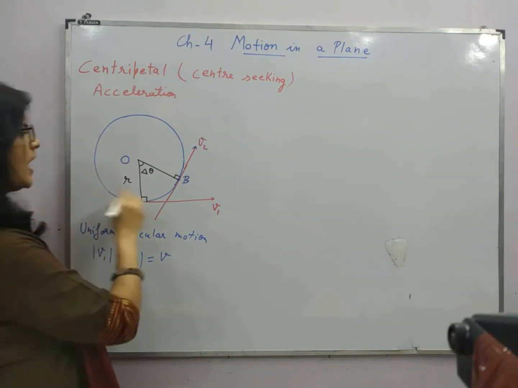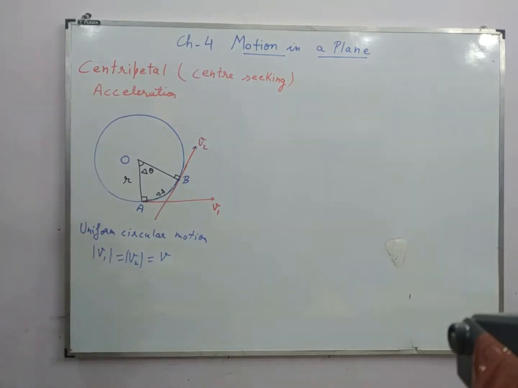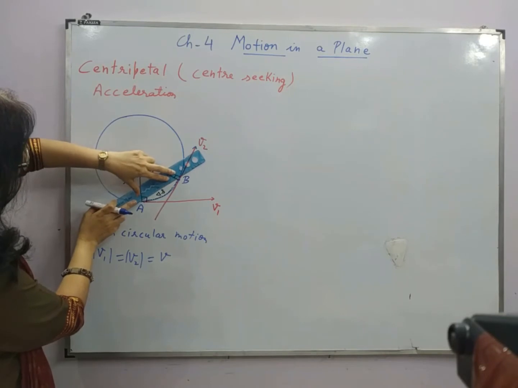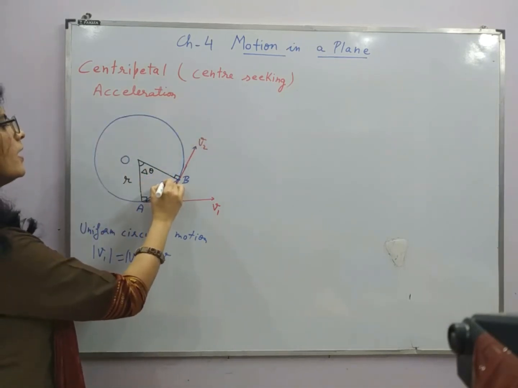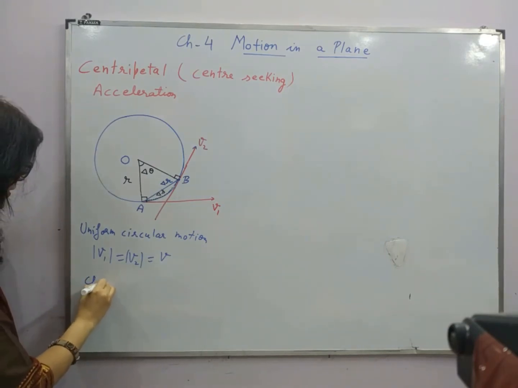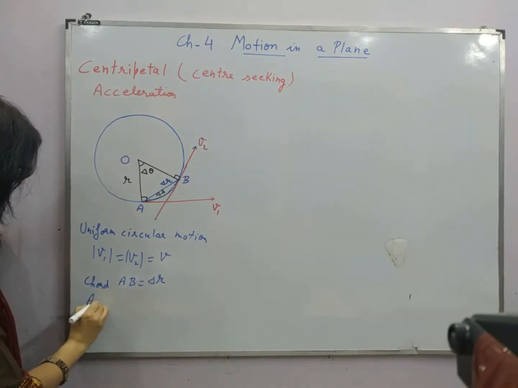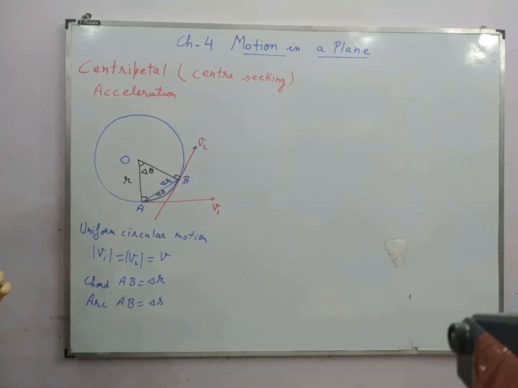And this arc AB is delta S. And the chord AB is delta R. So I can mention here chord AB is delta R and arc AB is delta S, right?